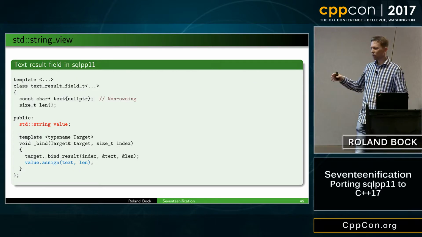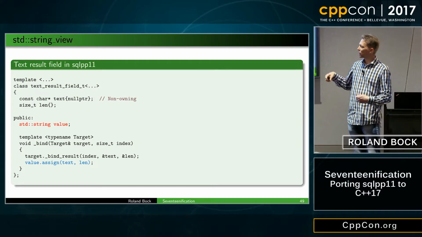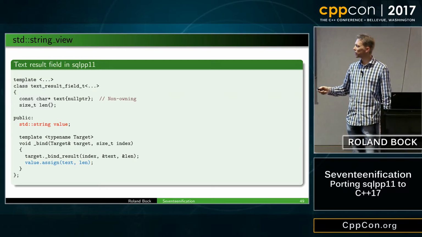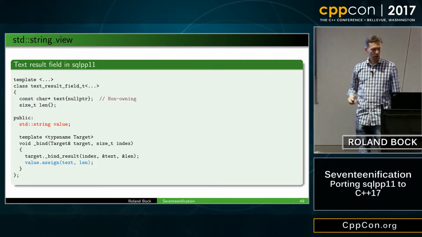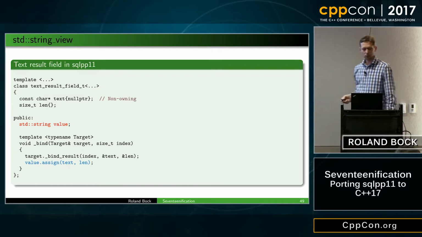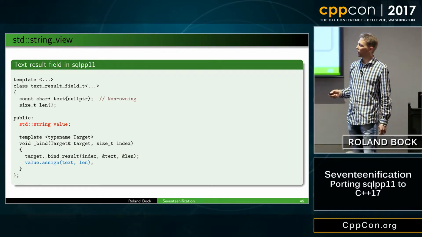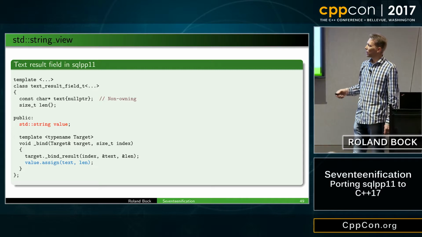And then when you get a new result row, you bind this to some kind of target, and that will reassign the text pointer and the length, and then you assign these values to a string, right? Because in earlier versions we didn't have a string view.